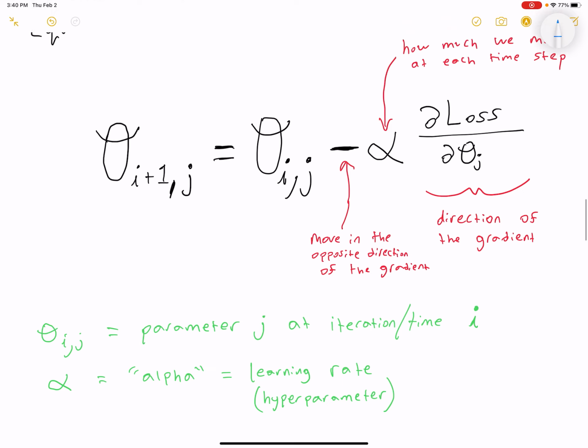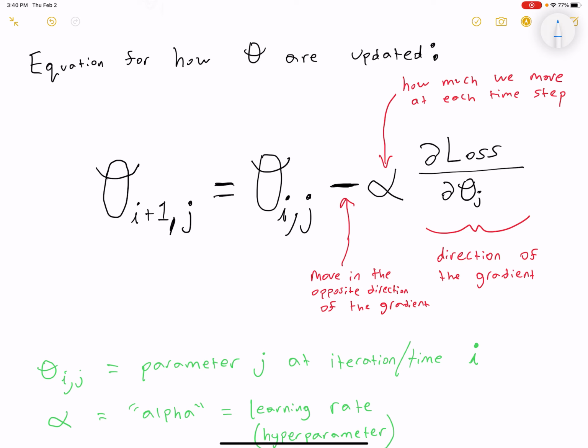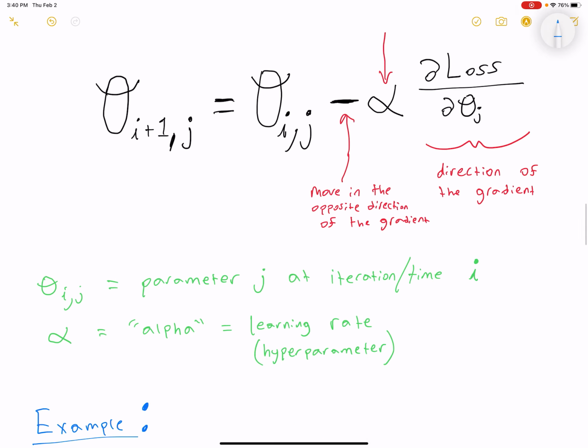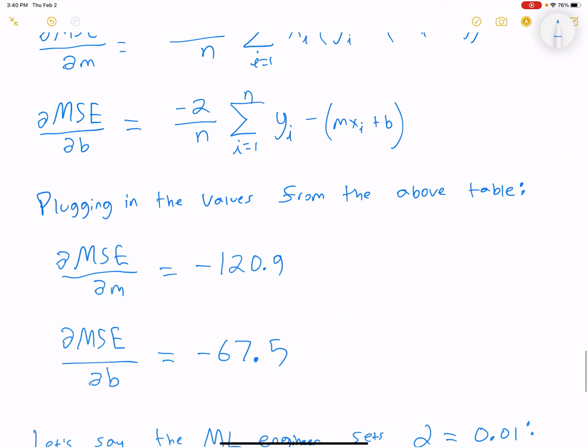The ML engineer set our alpha, set the learning rate, and we calculated the derivative of the loss with respect to each of our theta j's, for the M version of theta j and for the B version of theta j. So we're just going to update our estimate of M and B according to this equation.